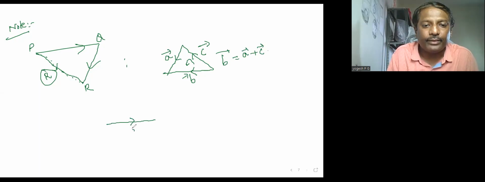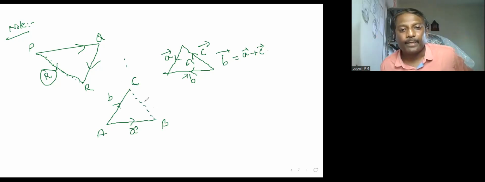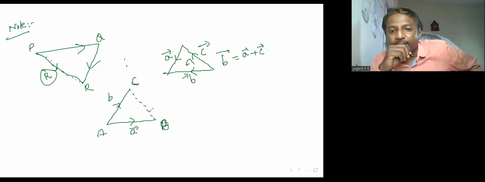This is A and this is B. Can you tell me whether B to C is the resultant or C to B is the resultant?